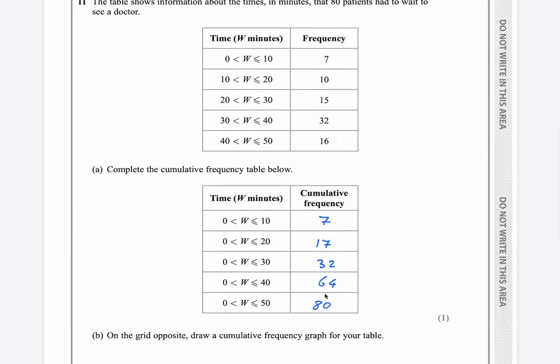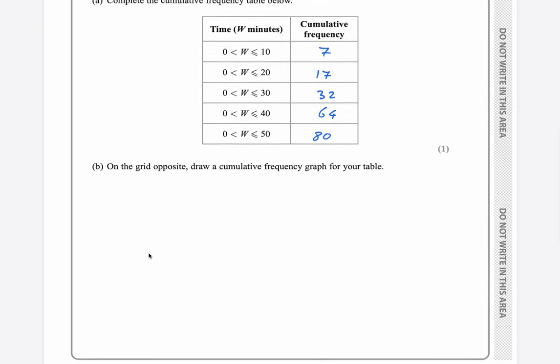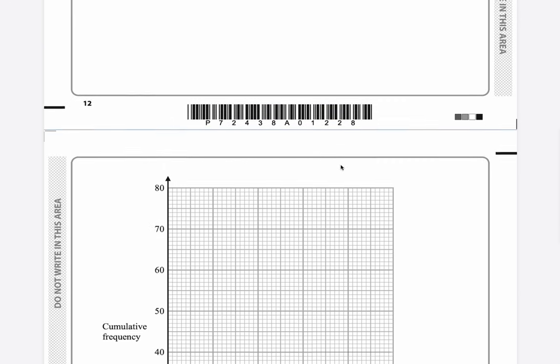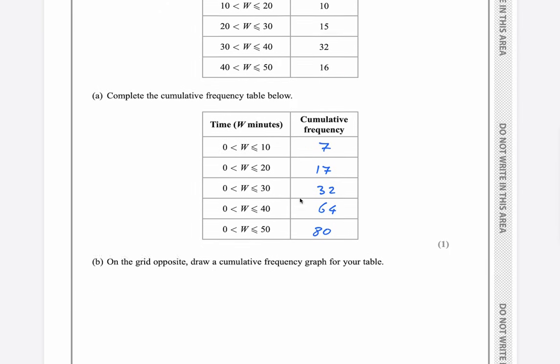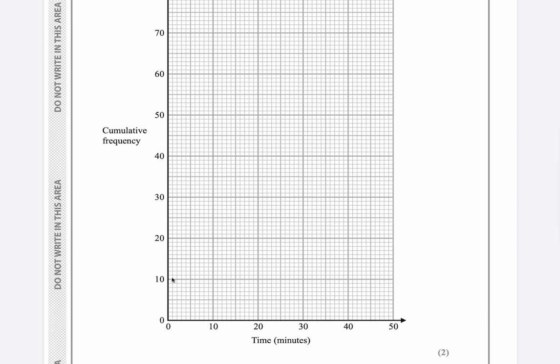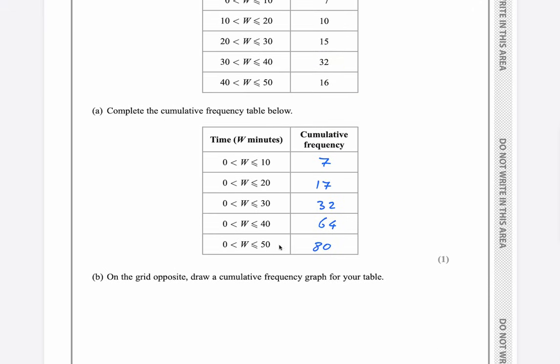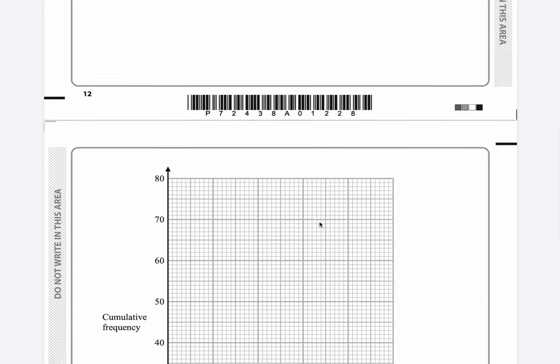Okay, then on the grid opposite, or for me down below, draw a cumulative frequency graph for your table. So the points are, if you recall, guys, always the end values here. So it's 10, 7, 20, 17, 30, 32, etc. So 10, 7, let's put that here, 20, 17, and then 32.